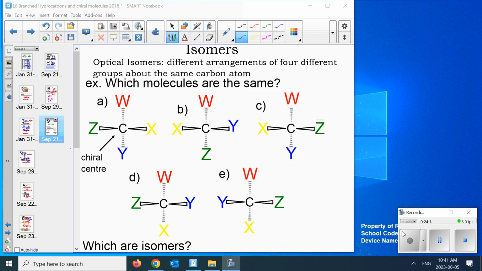Now, the trick is, though, can you tell that without doing the model? Let's think about it. So, first of all, A and B are the same. I'm going to write that down here.